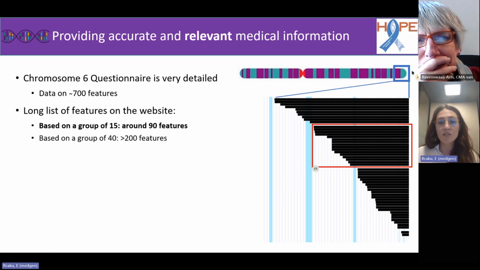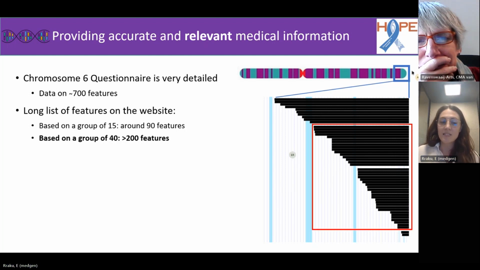And this is an average, which means there will be descriptions that will be shorter or even longer than this, based on the characteristics of the 15 children. If we now extend this group to 40, which are currently our biggest groups, there will be more than 200 features in this description, which is quite a lot.